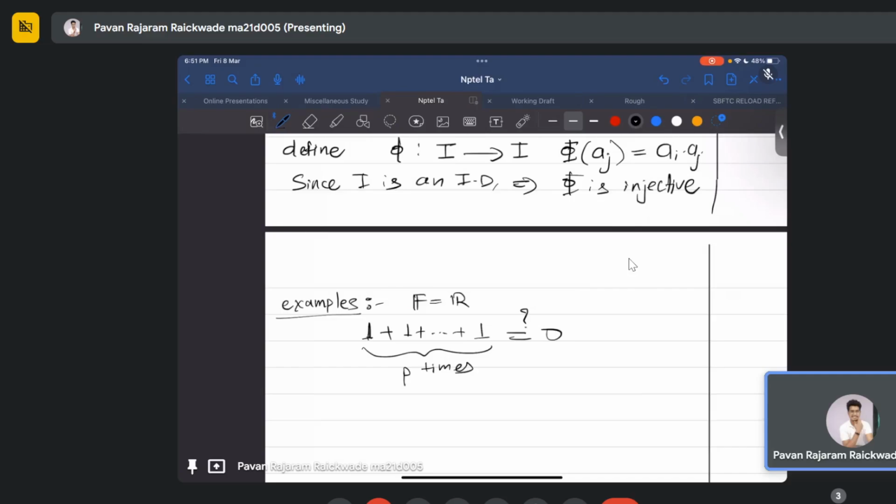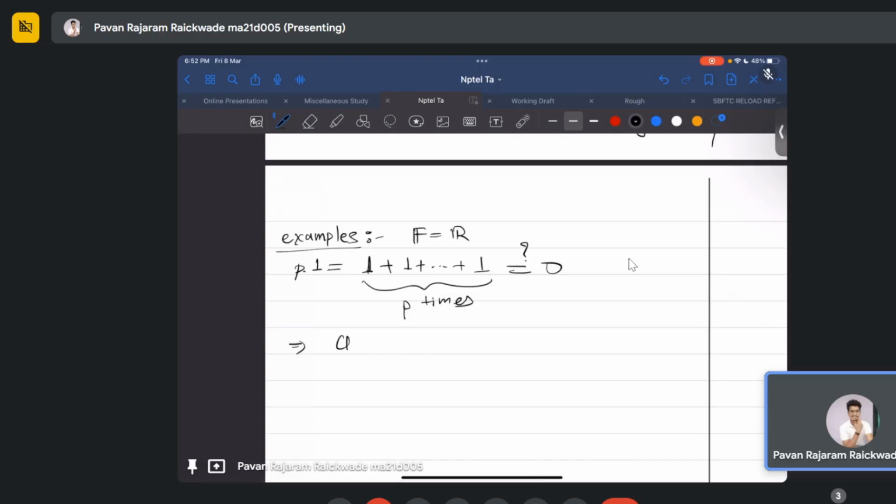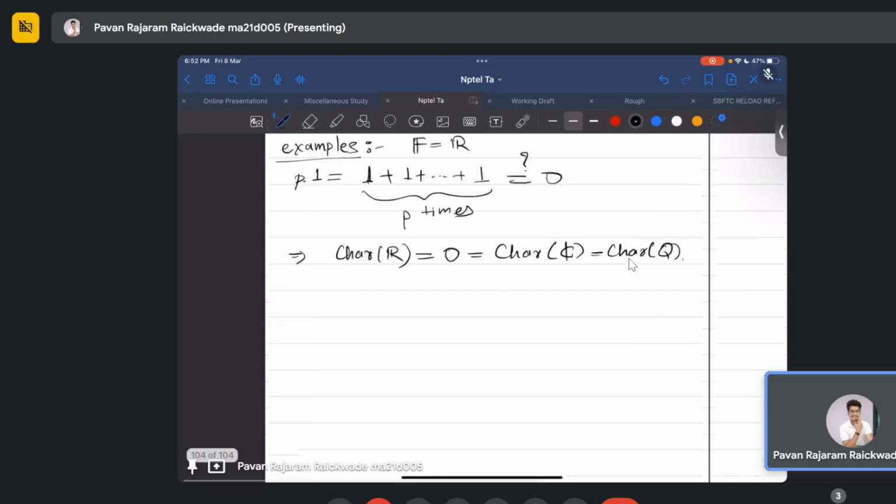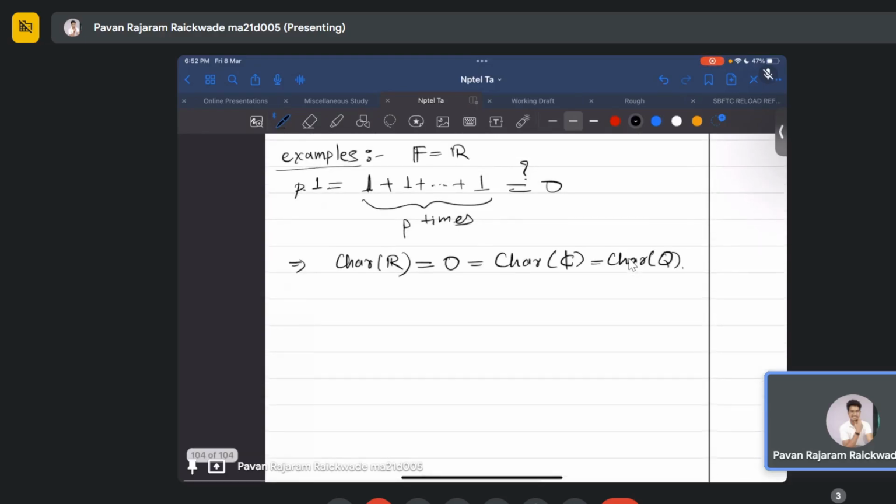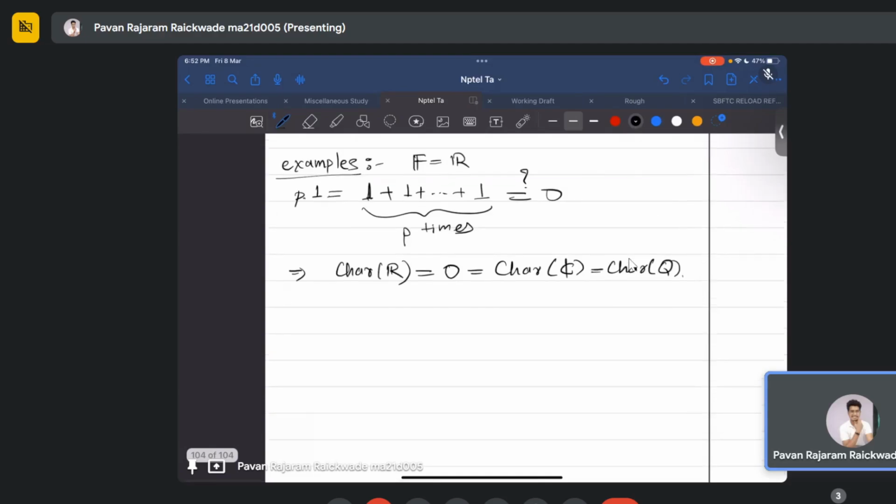So there cannot exist such a p for which p times 1 is 0. This is the definition of p times 1. This implies the characteristic of R is 0, which is also the characteristic of the complex numbers, also of the rationals, right? So these are infinite fields which are of characteristic 0.